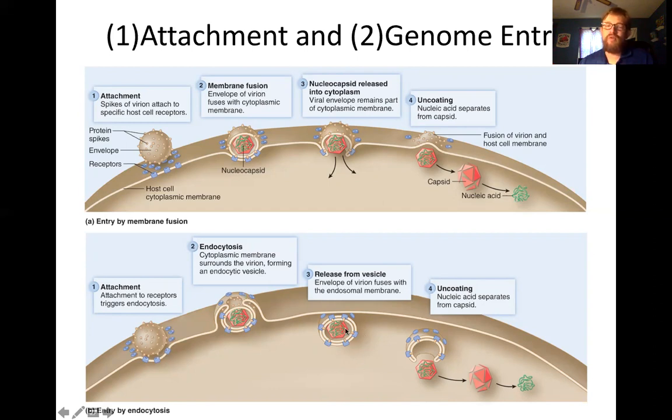So you engulf the whole virus, the capsid along with the envelope. But again, the same basic premise. You're eventually going to break open that capsid so that you can expose the nucleic acid, make copies of it, make mRNA out of it, and start making new viral particles. Okay.